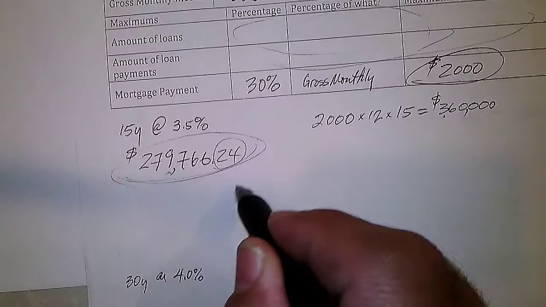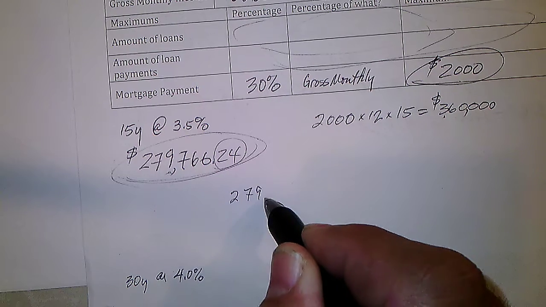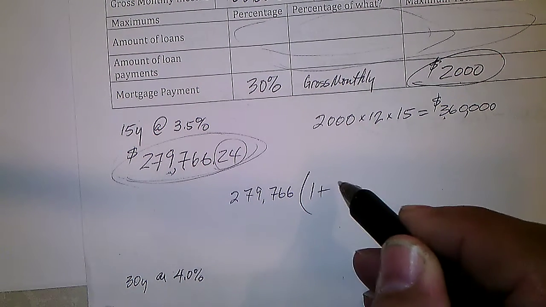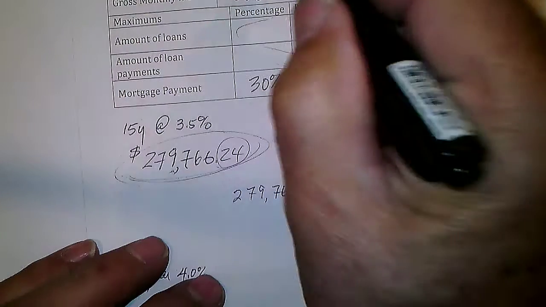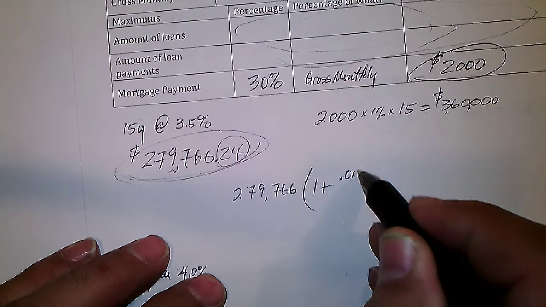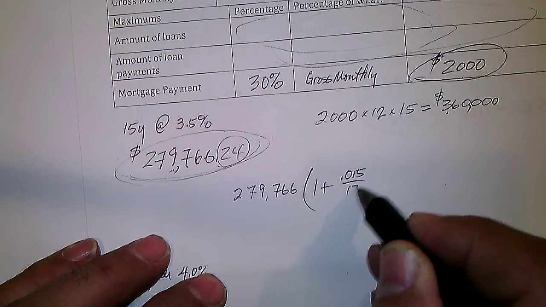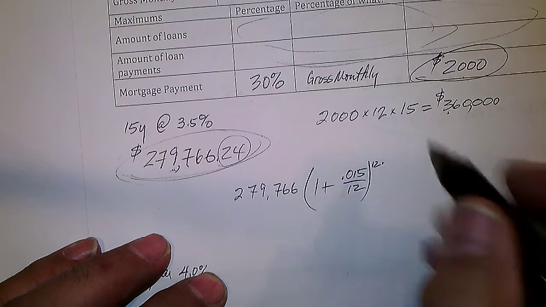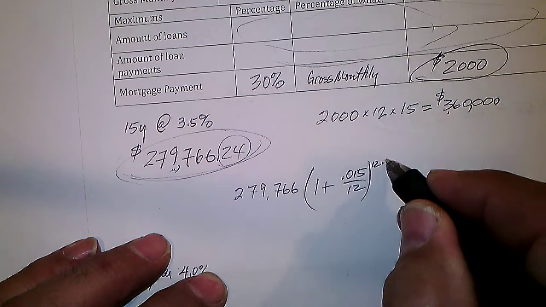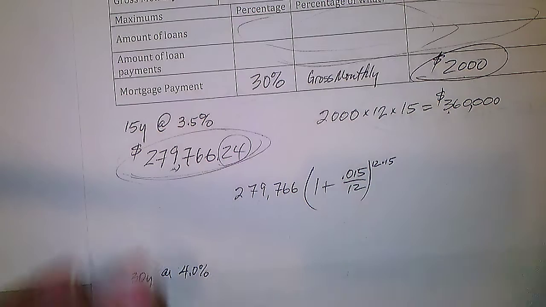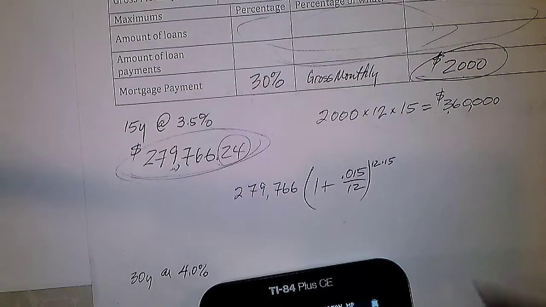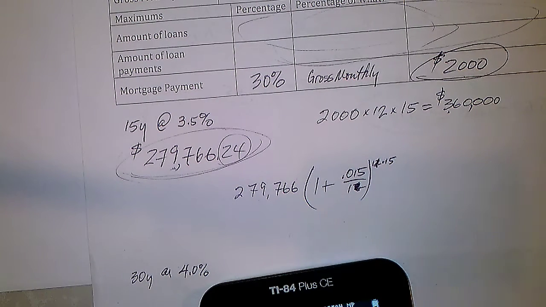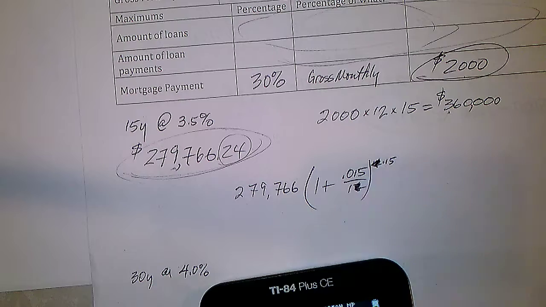So that formula says 279,766 times 1 plus the APR, and the homes are going up at 0.015, and we're making monthly payments, so we can just go 12 times, we're doing this for 15 years, or we could do 1 and 1. Both of those would be close. They said 1.5% per year, so I'm just going to use 1 and 1. So I just need to take it to the 15.